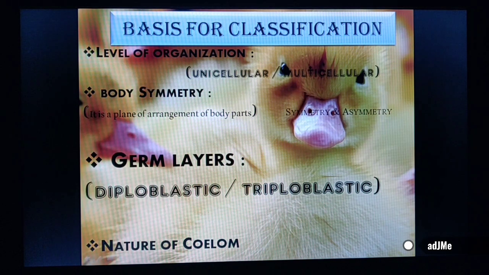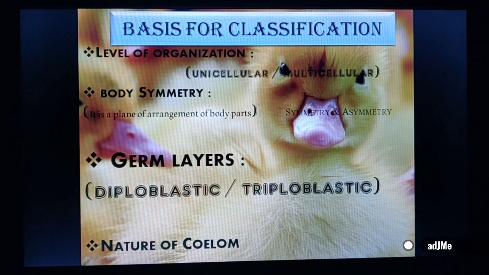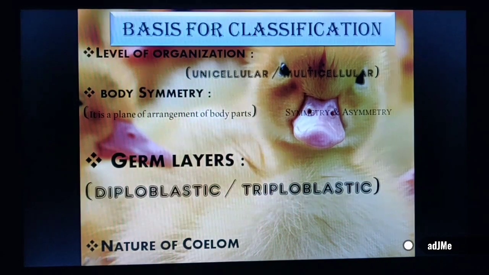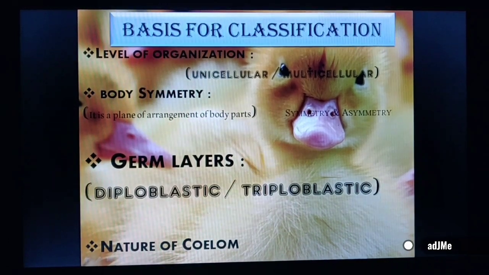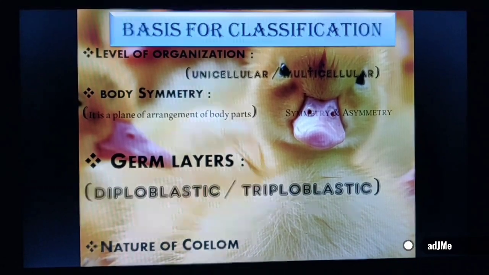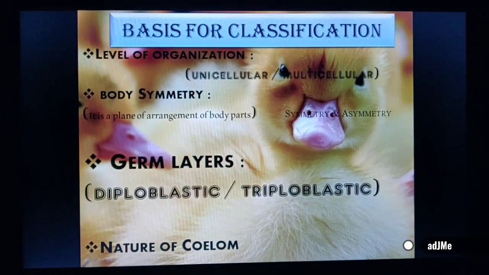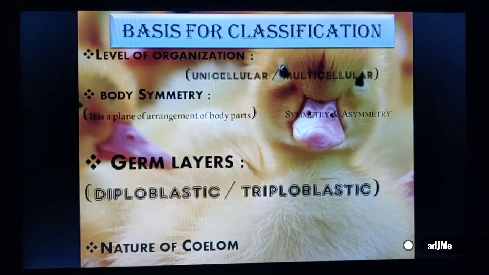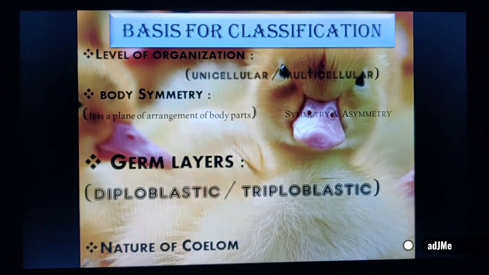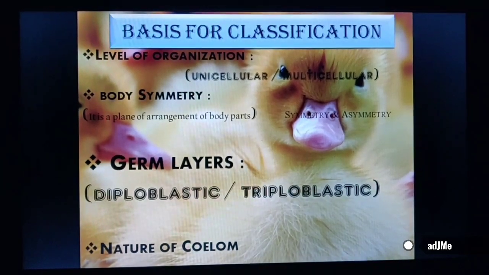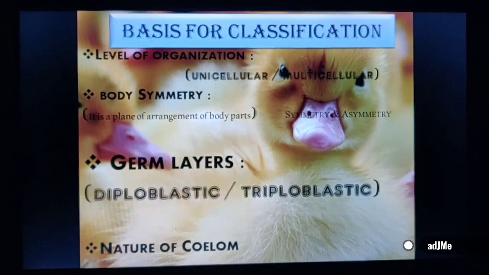Actually, if you look into this development, we call it embryology, where after fertilization, a zygote is formed. Zygote becomes a multicellular structure, and it undergoes various metamorphosis, undergoes growth, undergoes development, and then that becomes a baby.